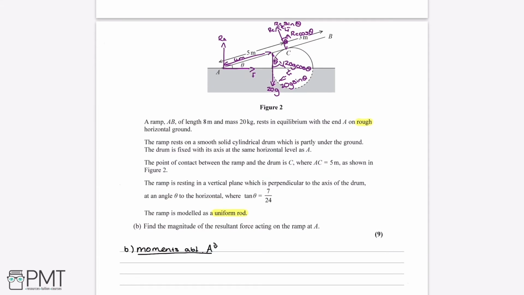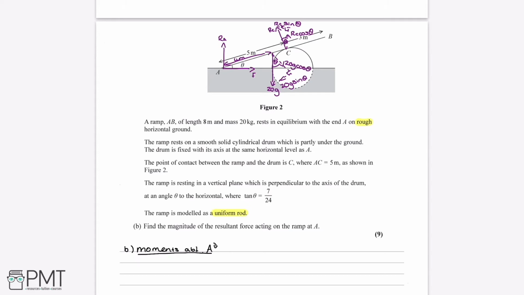Firstly, we want to find the forces that act clockwise from the point A, and there's only one force that does this, and that is the weight. But we don't just want to use the weight, we want to use the component of the weight that acts perpendicular to the ramp, and that is because for moments, it's the distance multiplied by the force when it acts perpendicular to, in this case, the ramp.